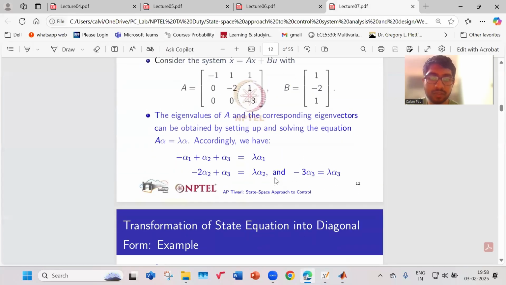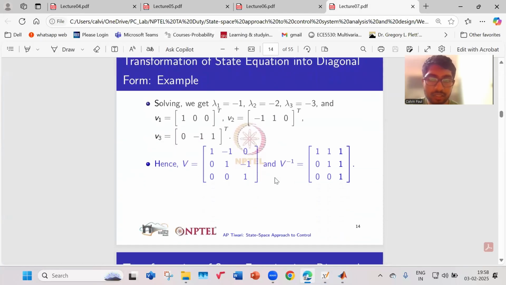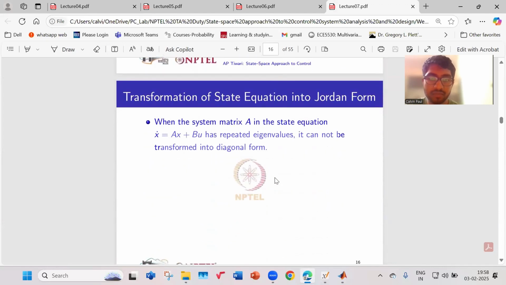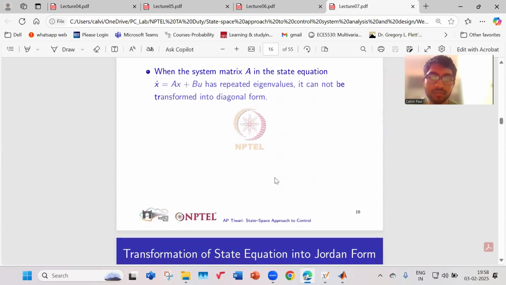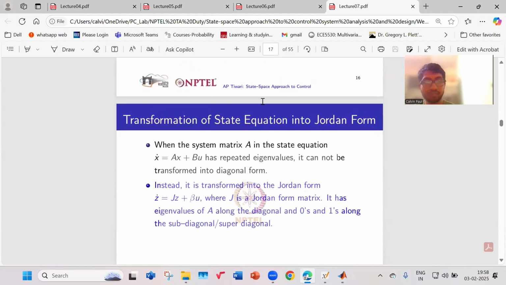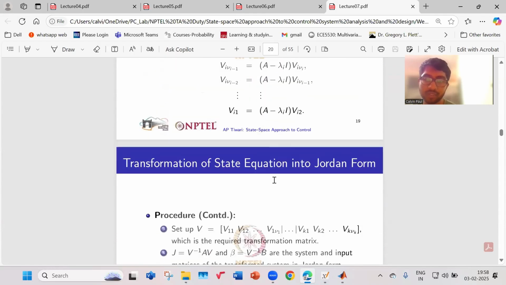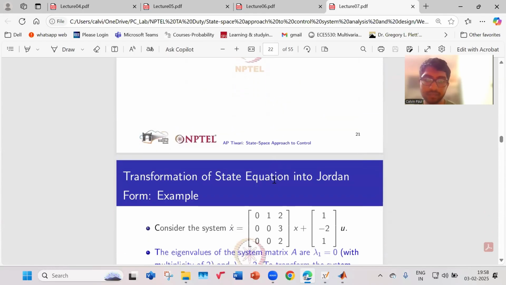Further, Sir has done this derivation and shown the V matrix, etc. If it has repeated eigenvalues, it cannot be transformed into diagonal form. It has to be transformed into Jordan form. That process is a little bit complicated and advanced.